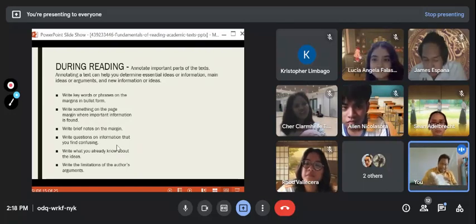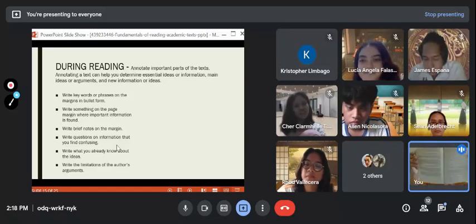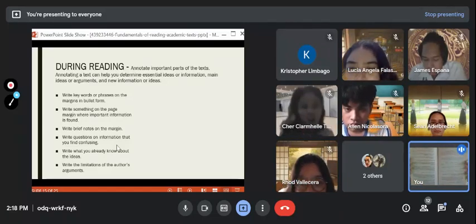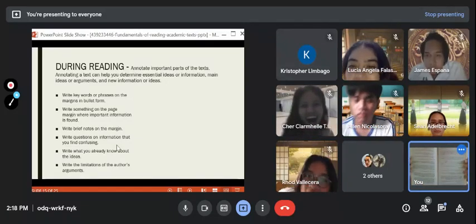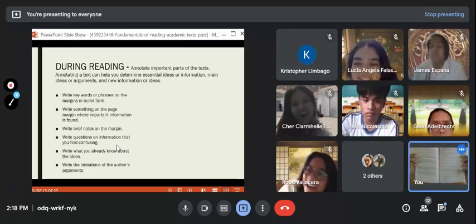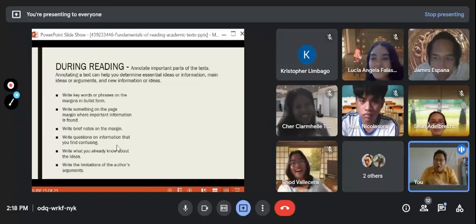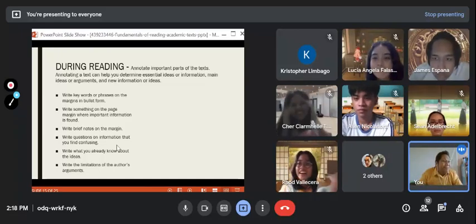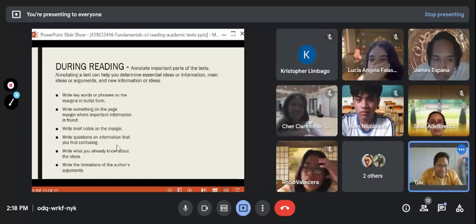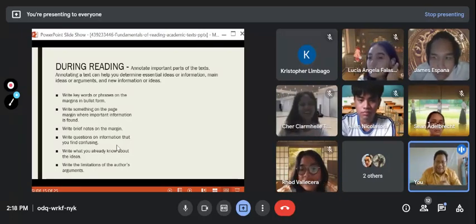See the underlines, the varying colors. Oh, guilty. Lucia seems to have been guilty of that.